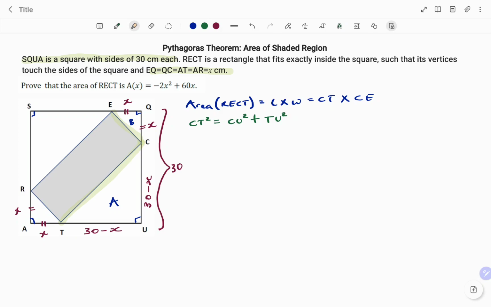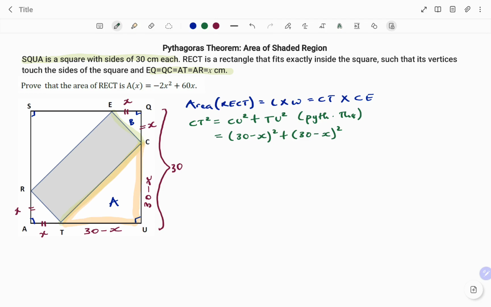The right angle triangle I'm using is highlighted below. That's your CUT. So therefore, I have that as Pythagoras theorem. My CT squared is equal to CU squared. I have that as 30 minus x all squared plus TU squared, 30 minus x all squared.